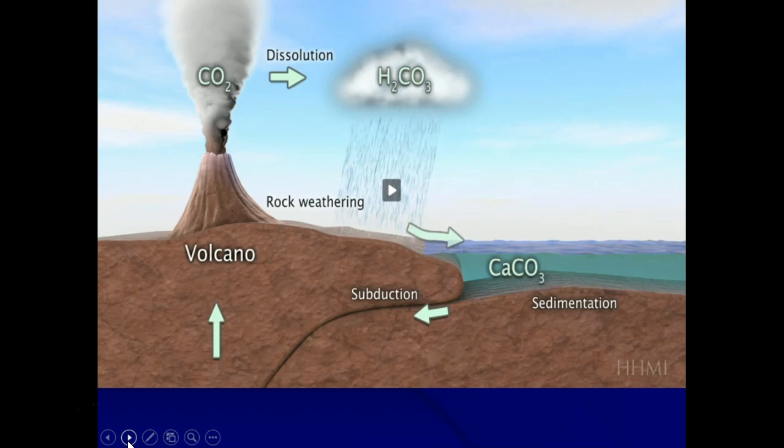And then once it melts, it becomes part of the magma, and then when we have a volcanic eruption, that CO2 is released and goes back into the atmosphere. So this is sort of a long, slow cycle. So this is where the CO2 sort of was born in our atmosphere. It came from rocks.